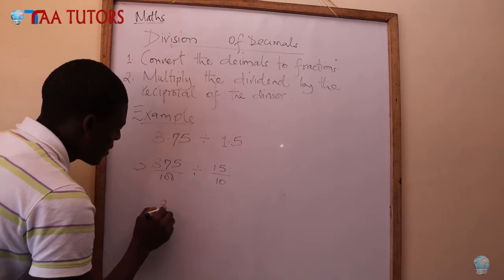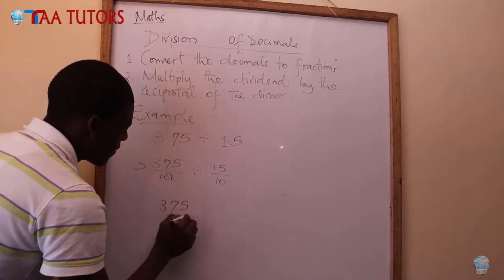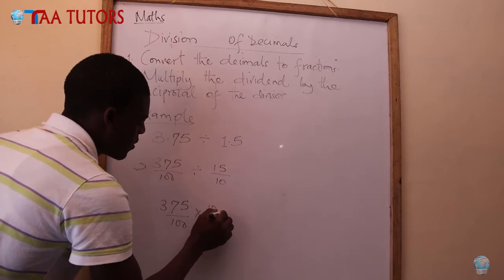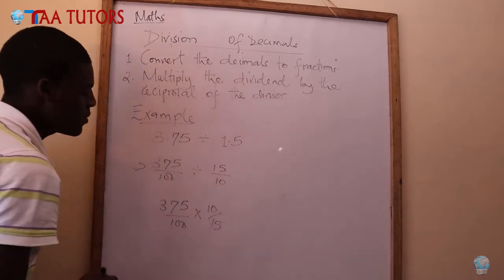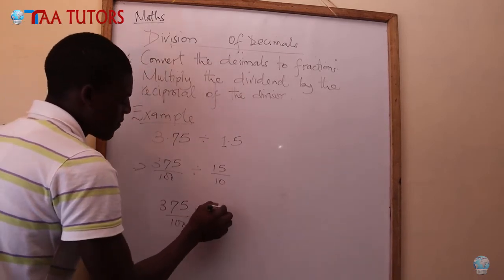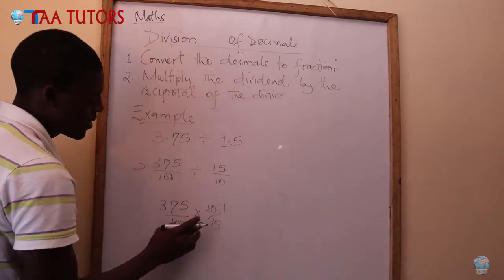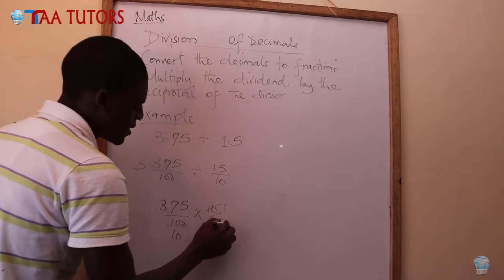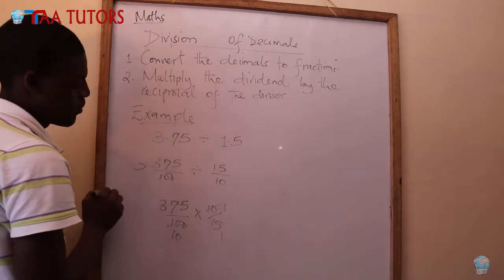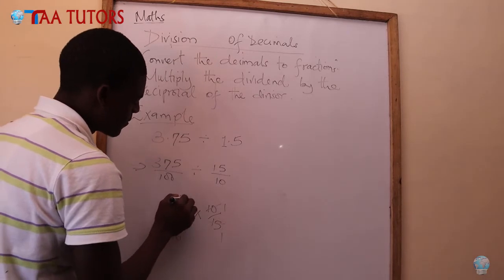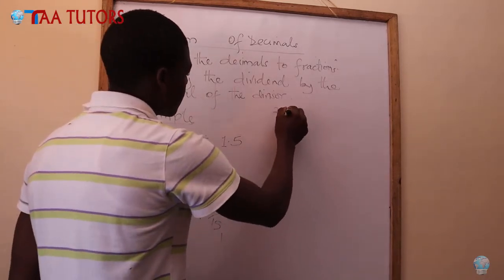Now we move forward to multiply the dividend by the reciprocal of the divisor. We will take 375 over 100 times 10 over 15. We simplify where possible. We are dividing both 10 and 100 by 10. Then 15 into 375 will go 25 times.